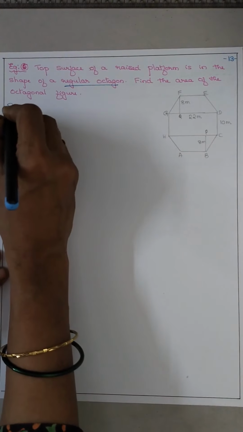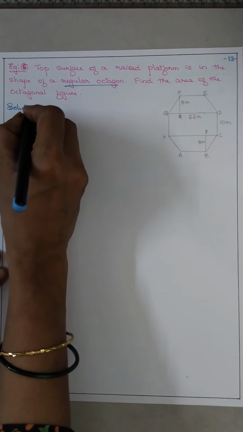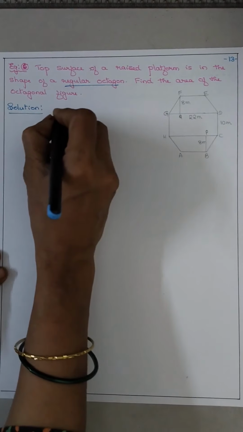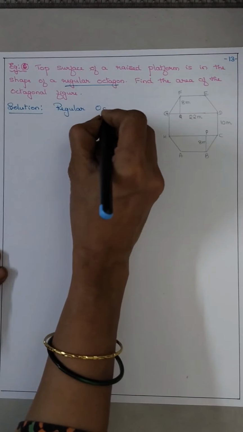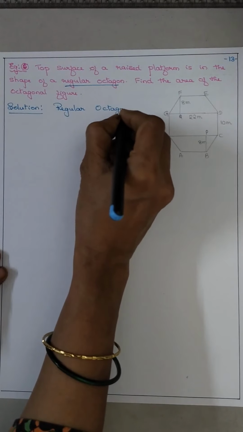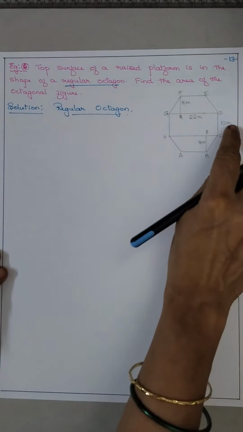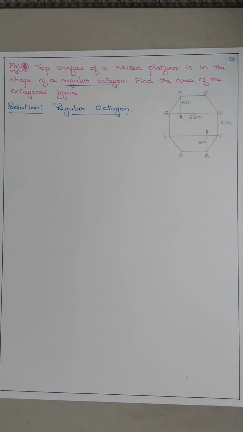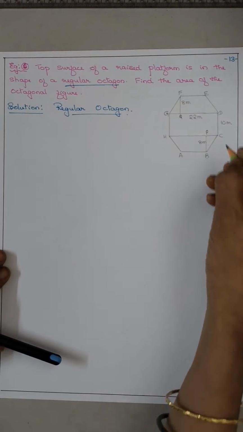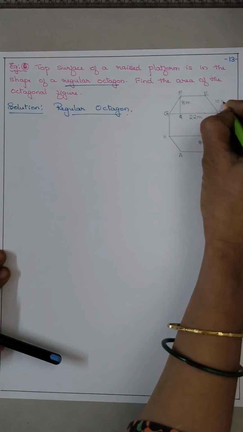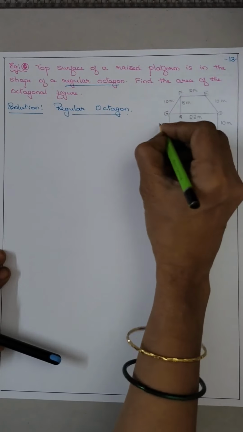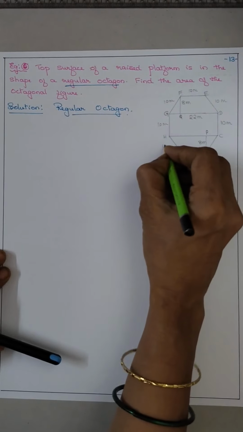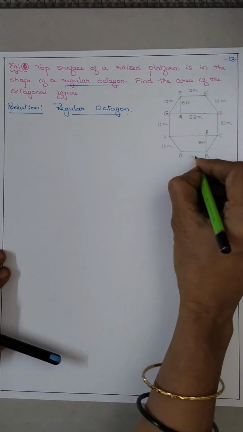So solution, write what is the shape. Regular octagon. Now one side is given as 10 meter, that means all sides are 10 meter. This is 10 meter, this is also 10, this is also 10, this is also 10 meter, 10 meter and 10 meter.